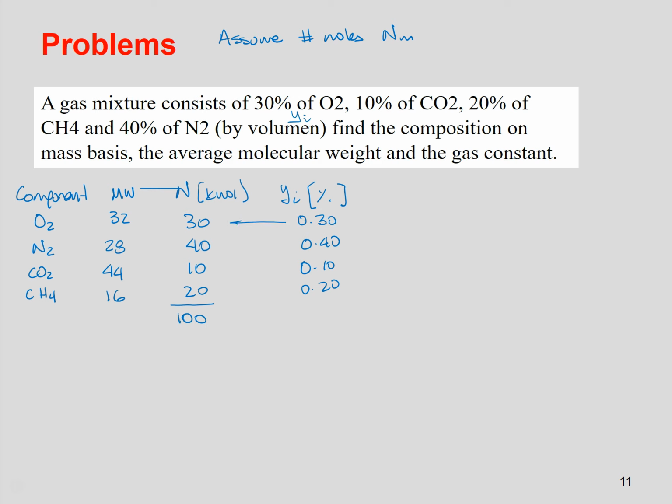Okay. With this in mind and following the same procedure we did last time, that means that we're going to use the molecular weight as the mass divided by the number of moles. So the mass in this case will be the molecular weight times the number of moles.